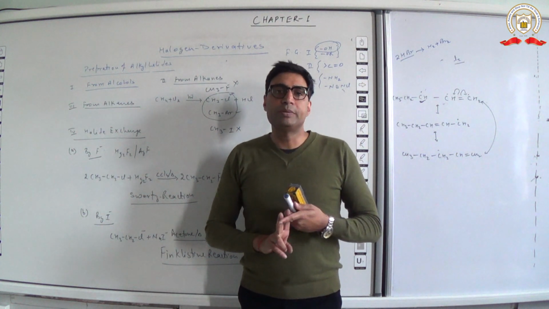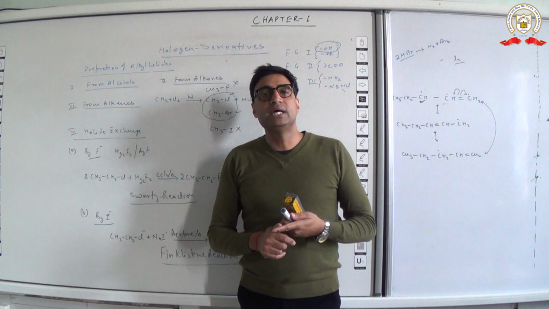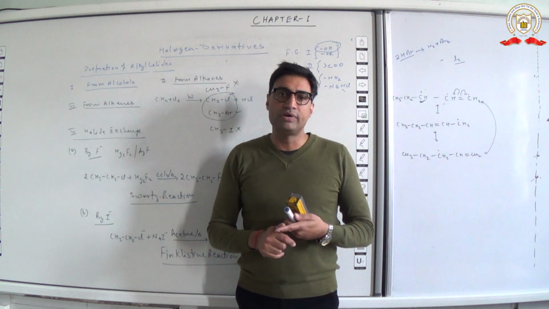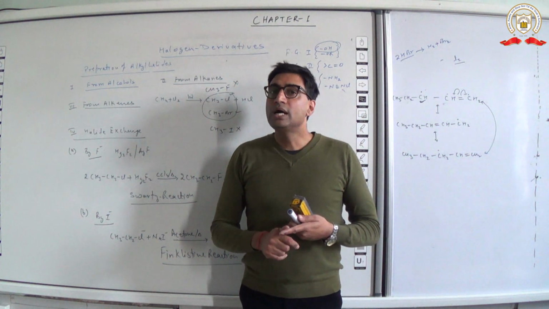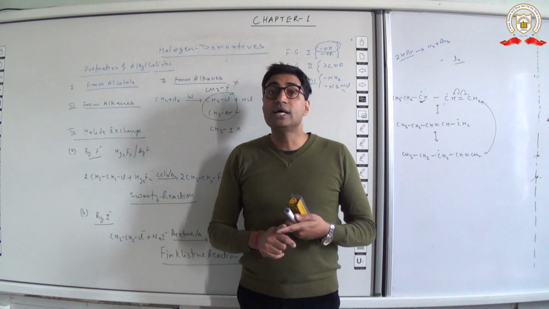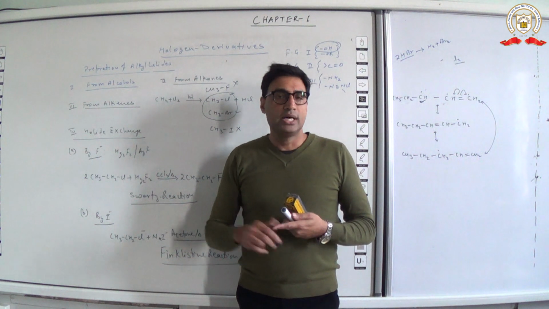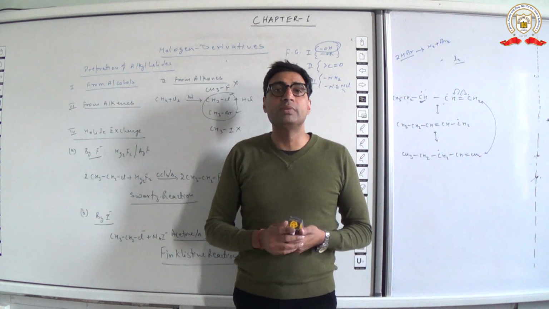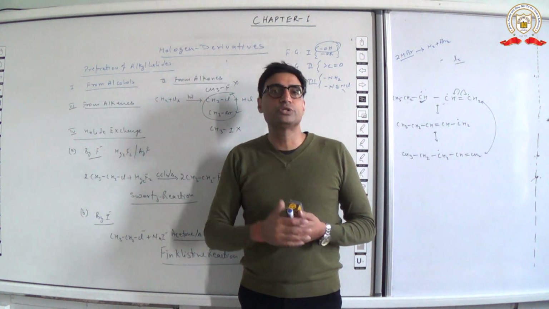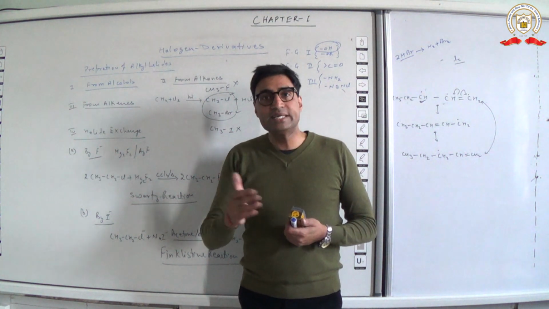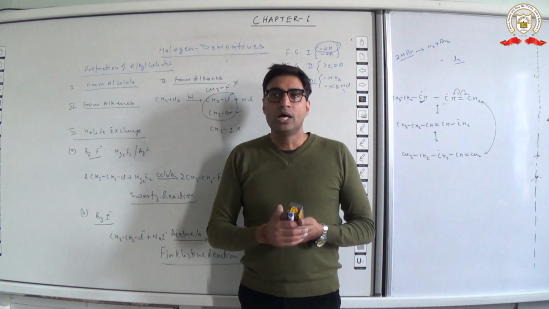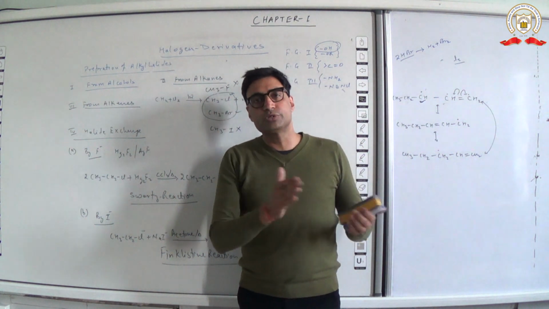After that, we did preparation from alcohol by reaction with phosphorus halide, that is PCl3 and PCl5, by reaction of alcohols with thionyl chloride, and that was all about preparation from alcohol. After that, I switched over to preparation from alkanes by substitution, from alkenes by addition, anti-addition of halogens.